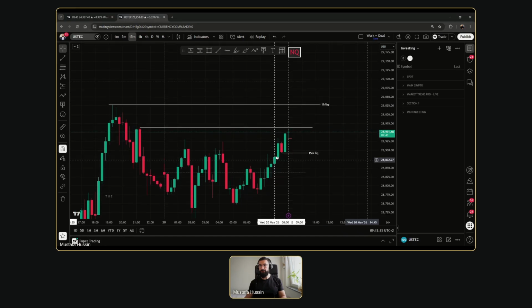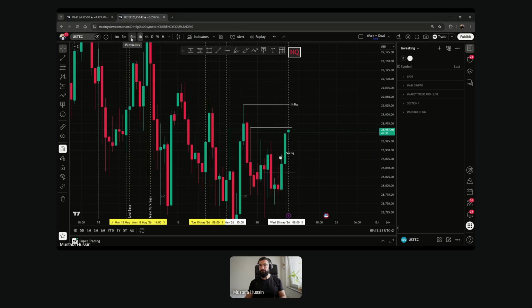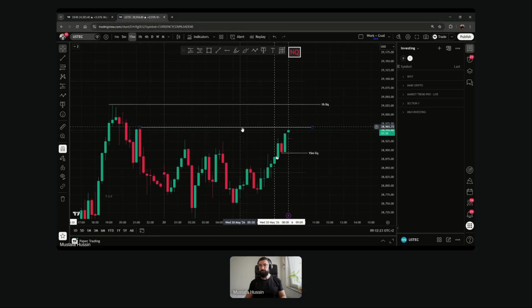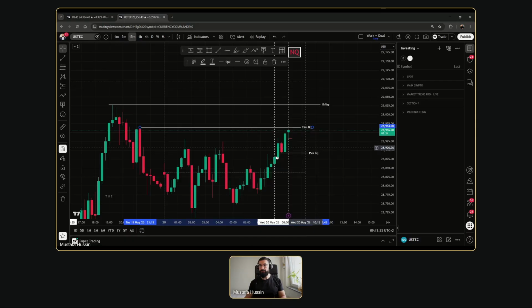And on the Nasdaq, we can see that the first 15-minute candle is about to close and it might give us a scalp run. So this is the 15-minute candle.